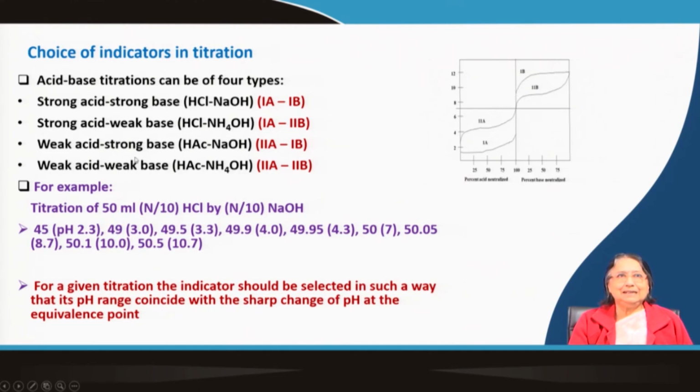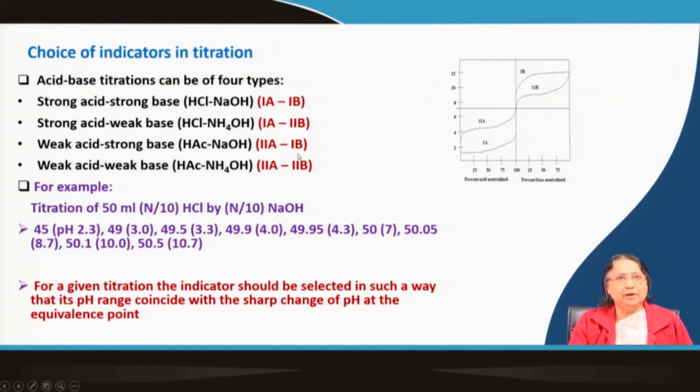But this titration is not very good, weak acid and weak base. You can see that this is the curve 2A 2B, means it will be like this, it will be like this. So, here the range is a very narrow range. So, almost no indicator will fit for this type of titration.